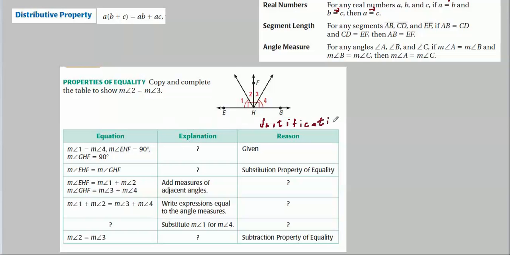I think that's what they mean here. Well, I know that's what they mean. So don't be confused by the fact that they're asking for apparently the same thing in each column. It's not the same thing. Over here, it's just exactly what did we do, and over here, why did we do it?